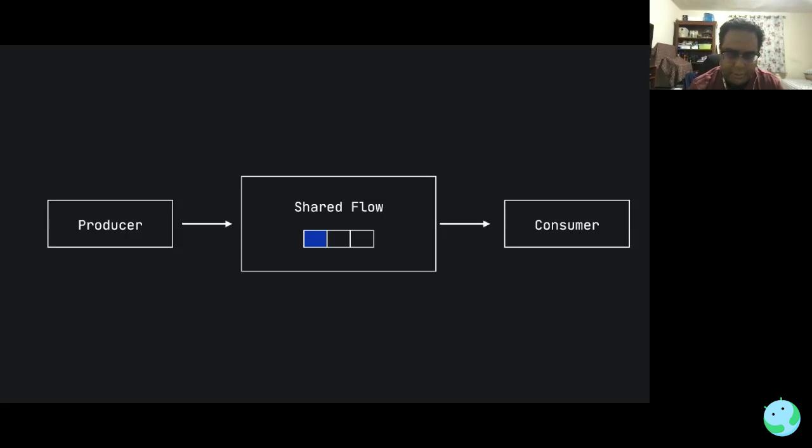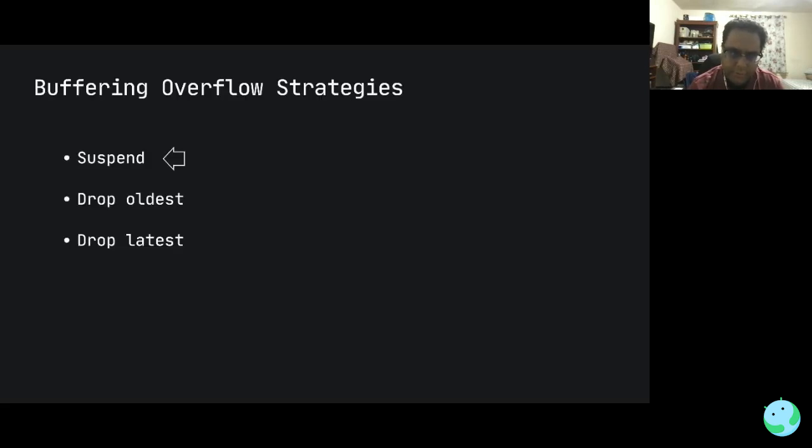So you could send one item, second item, and then third item. Now the buffer is full. There are three different ways to handle that. One way is to suspend. The other two ways are to drop the oldest and drop the latest value in the buffer.